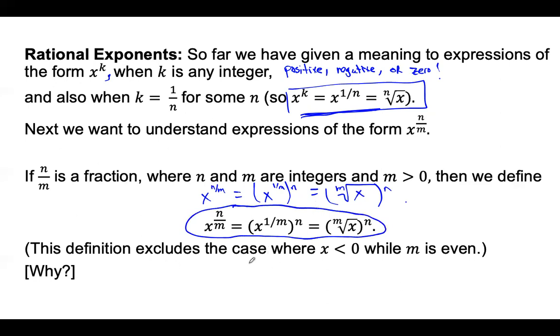So this definition excludes the case where x is less than 0, even when n is even. Why? I'll just make a little note down here.